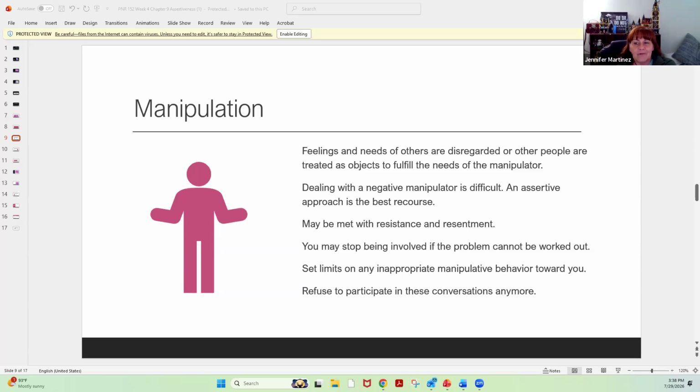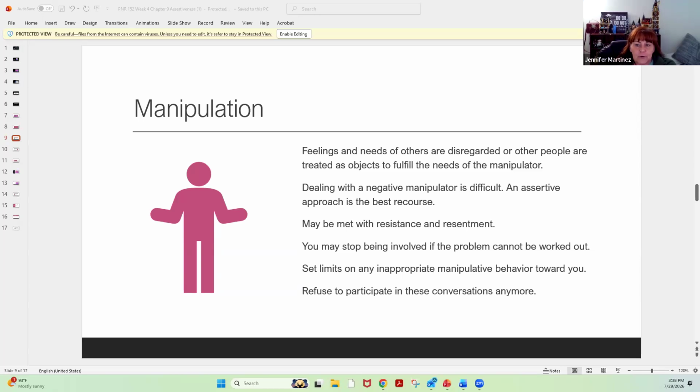And I'm sure everybody has come in contact with a manipulator at some point in their life, whether it's a family member, a friend, a previous coworker, or current coworker. Manipulation is something, unfortunately, that we've all had. And like I said, mental health patients, they've got this down. Dealing with a manipulator is very difficult.